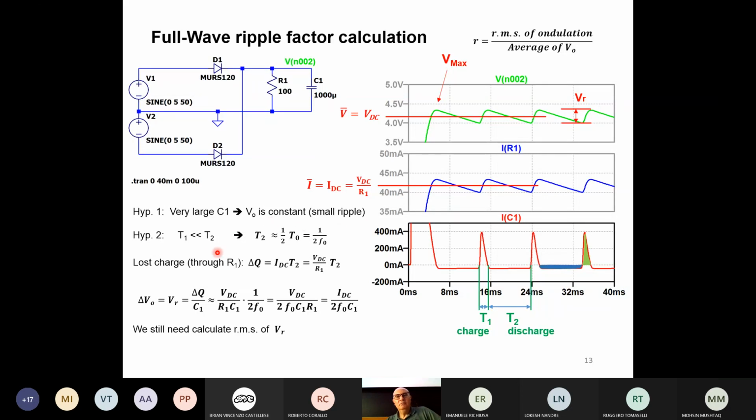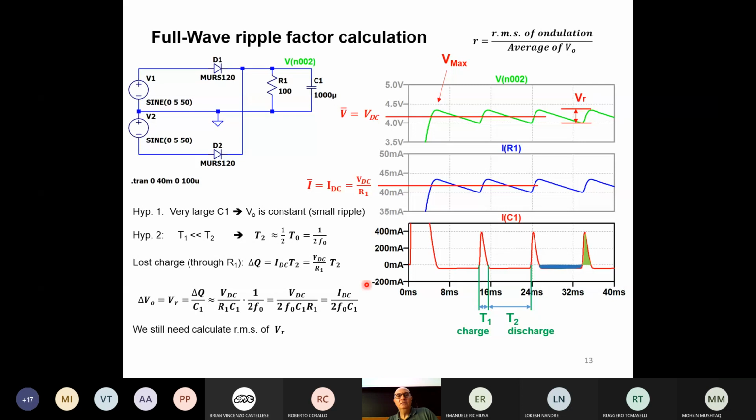The second hypothesis, just for making things easier, is that the time T1 tends to be very short, much shorter than time T2. This is true if we have a large capacitor. In this picture, I tried to enhance a bit the two intervals so we can see them separately, but in general, T1 is much, much smaller than T2.